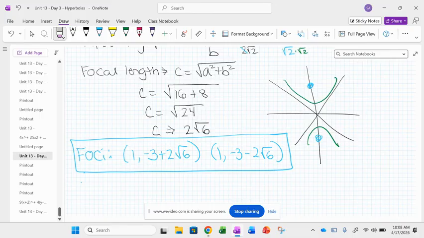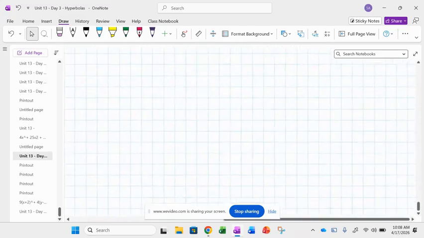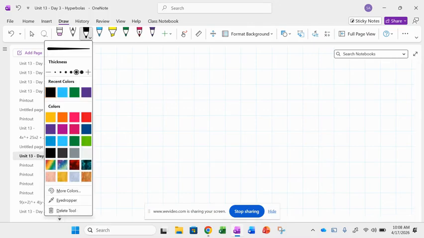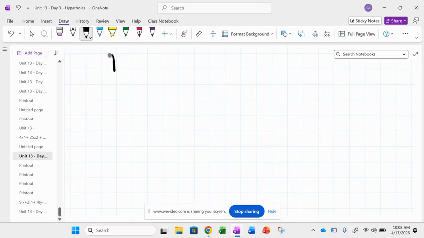Okay, the last thing we're going to talk about today is one more type of hyperbola. So we spoke about a horizontal hyperbola, we spoke about a vertical hyperbola. This next type of hyperbola is called a rectangular hyperbola. And this is the last new conic that we're learning.